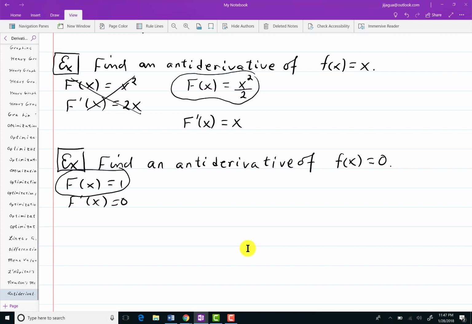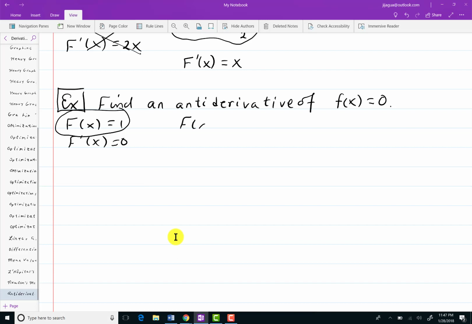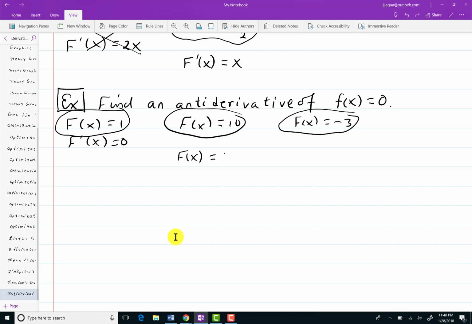The derivative of 1 is 0. However, it's not so simple as that. If capital F of x equaled 10, then its derivative would also be 0. If capital F of x equals negative 3, its derivative is 0. If capital F of x equals 0, its derivative is 0.